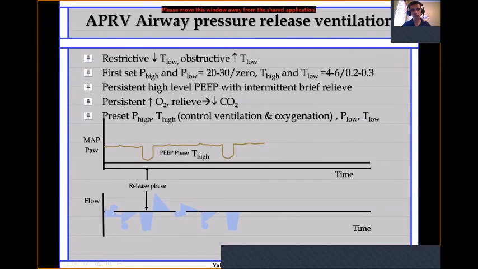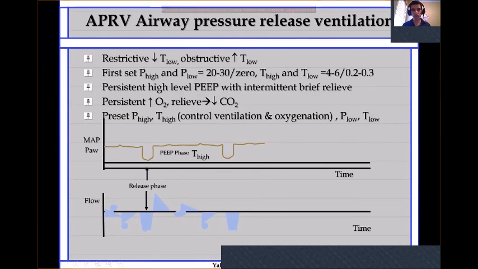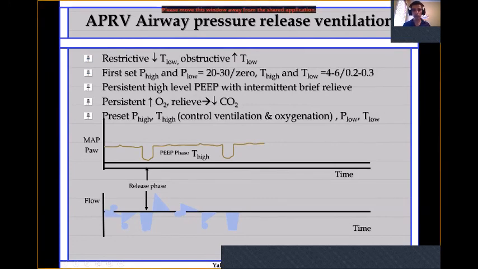And usually people set the pressure high at 20 to 30, and the pressure low at 4 to 6, and the time of the high ranges from 3 to 4 minutes, and the time low from 0.2 to 0.3.